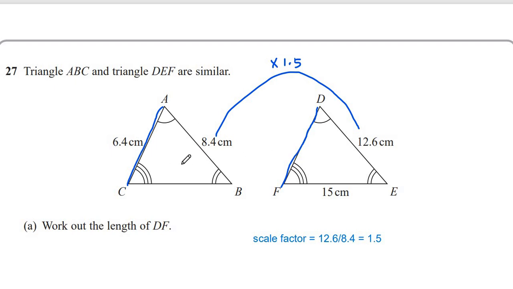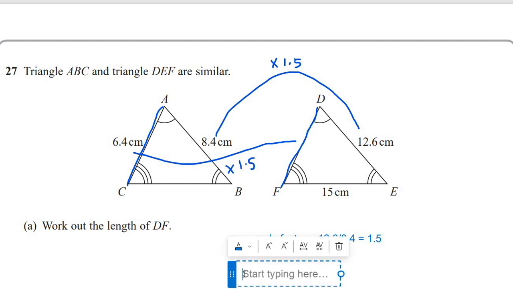So DF must be again 6.4 times 1.5. So DF will be 6.4 times 1.5, and that will give you 9.6 centimeters.